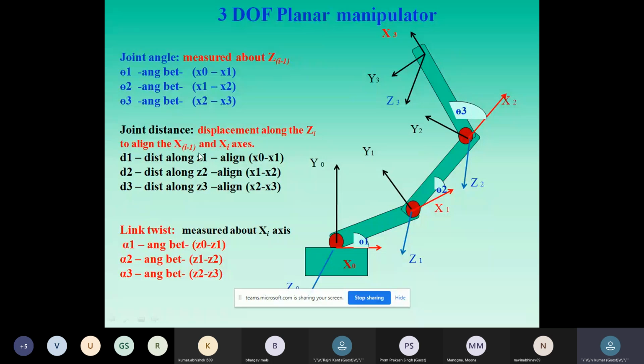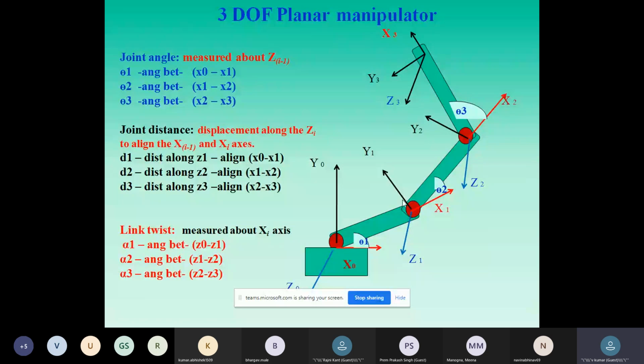Now come to the joint distance. What is joint distance? It is the displacement along z(i-1) to align the x(i-1) axis with the x(i) axis. But here you see the x axes, x0 and x1, are both in the same plane. There is no distance in the vertical direction; this is planar.